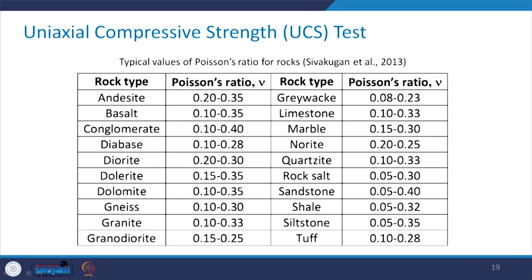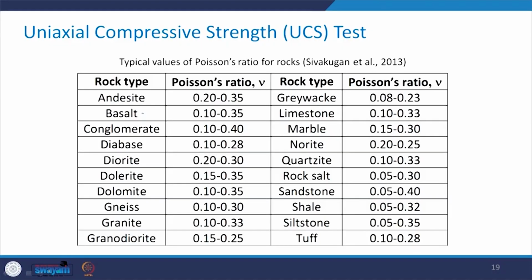Now, these are some of the typical values of Poisson's ratio for different types of rocks. You should be able to connect our discussion on different types of rocks in some of the earlier lectures, so these rocks should not be totally new to you. We have discussed a few things related to some of these rocks. For example, take basalt: it varies from 0.1 to 0.35.